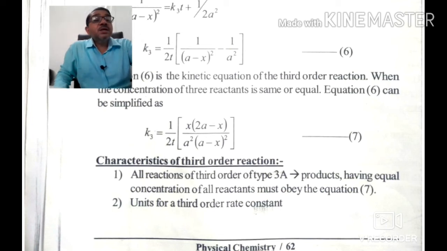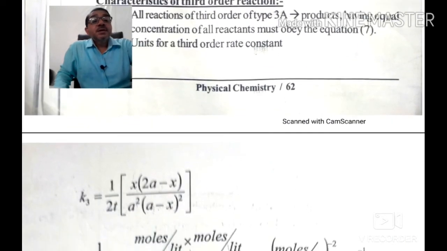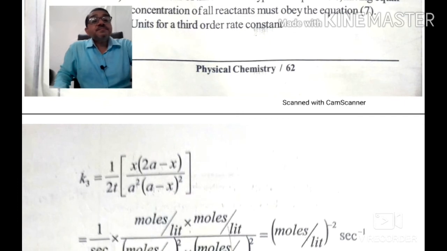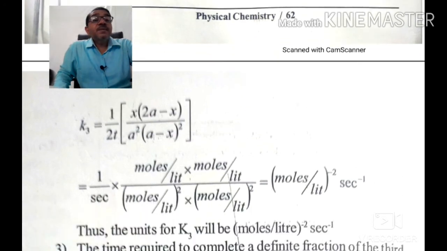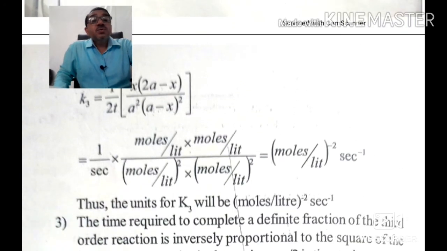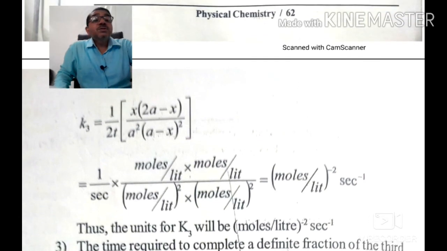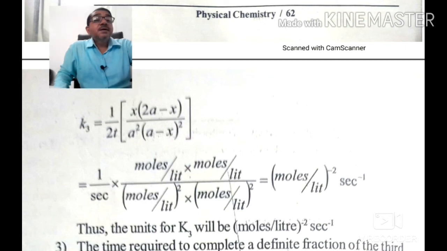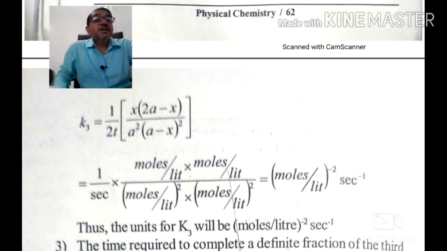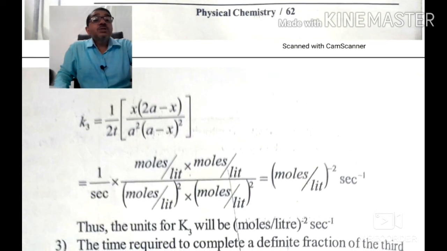Units for a third order rate constant: k3 is equal to 1 upon 2t in bracket x into (2a minus x) upon a square into (a minus x) square. So 1 upon time in seconds, moles per liter into moles per liter divided by moles per liter square into moles per liter square.